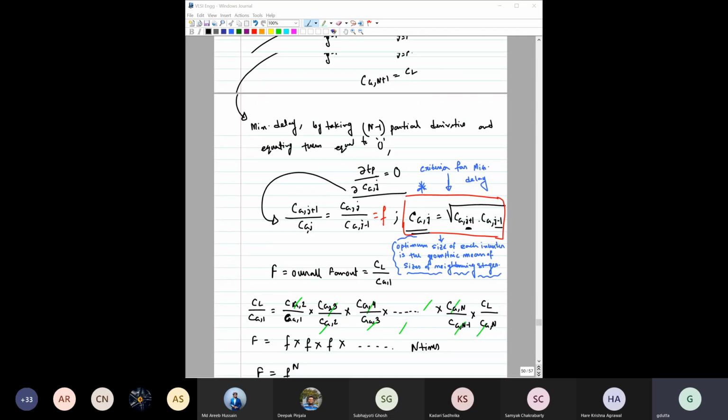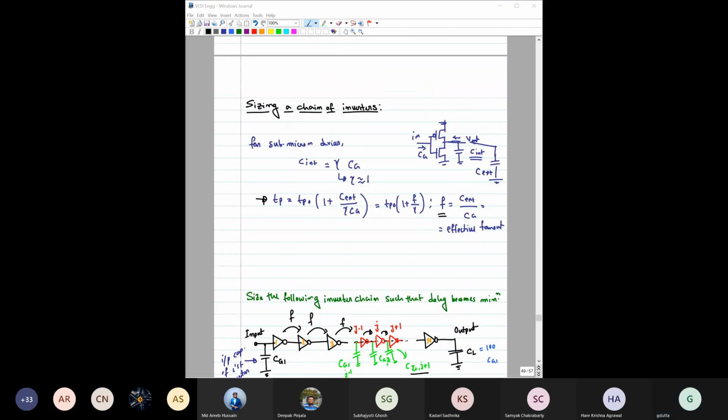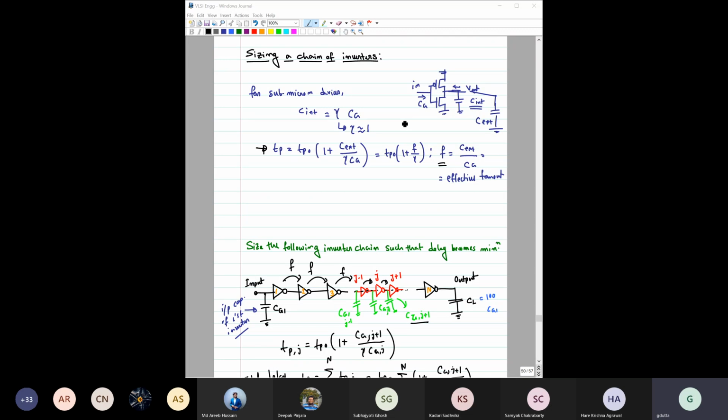So in the last class, we were discussing sizing a chain of inverters. There we introduced a parameter called gamma. And we saw how to represent the internal capacitance, or the self-loading capacitance, in terms of its gate capacitance, because this self-loading capacitance is part of the driving gate itself.